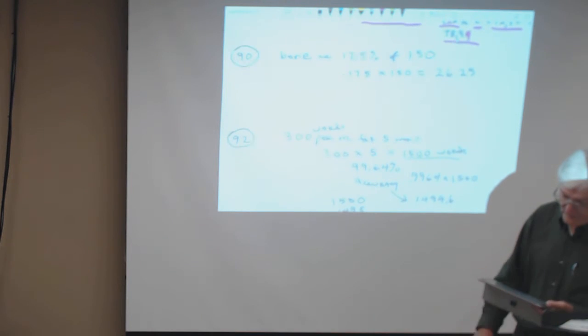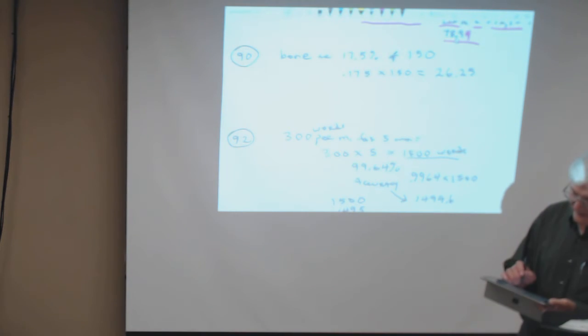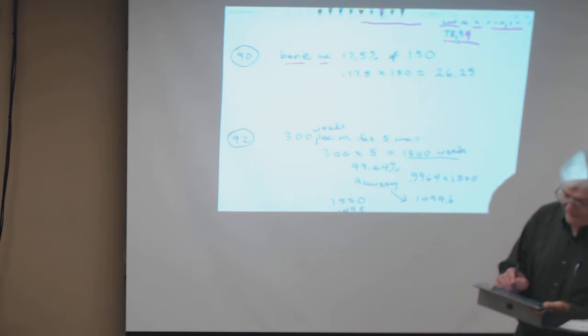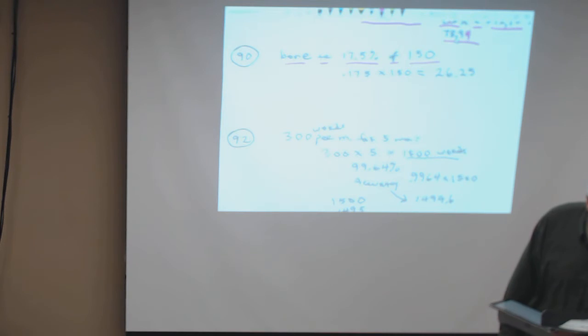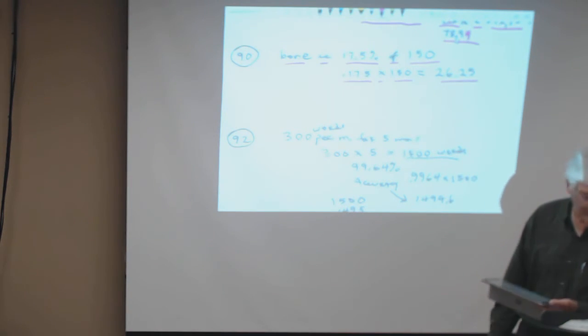Number 90. Bone. Refer to problem 89. Bone is 17.5% of 150. Because in 89, 150 pounds is how much the person weighs. And it says bone is 17.5%. So I take 0.175, of means times, 150, and I get 26.25.